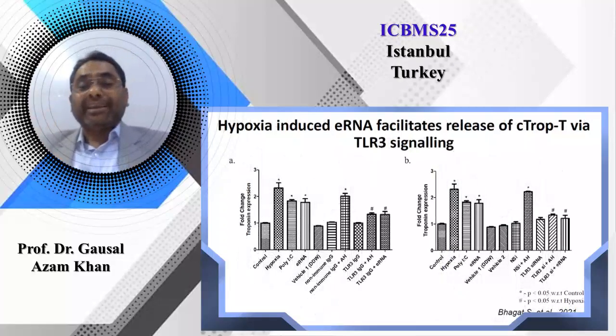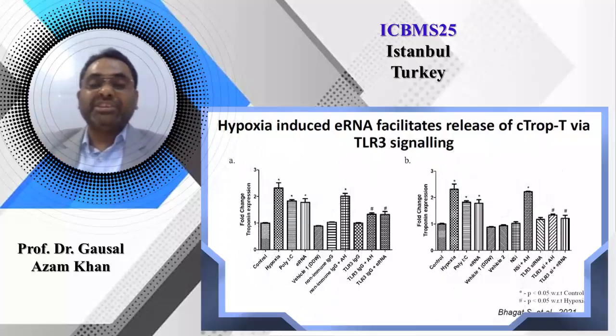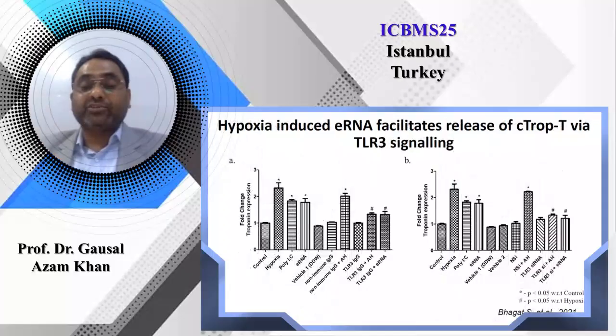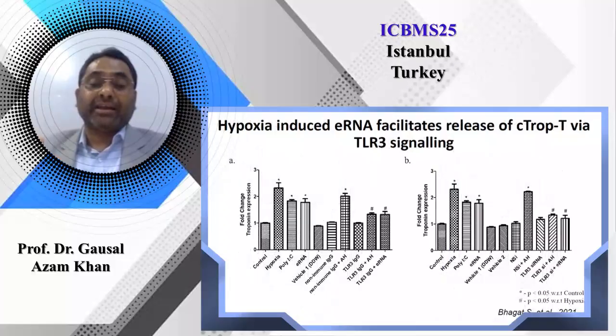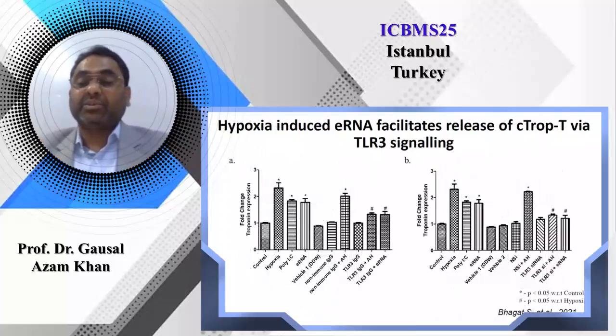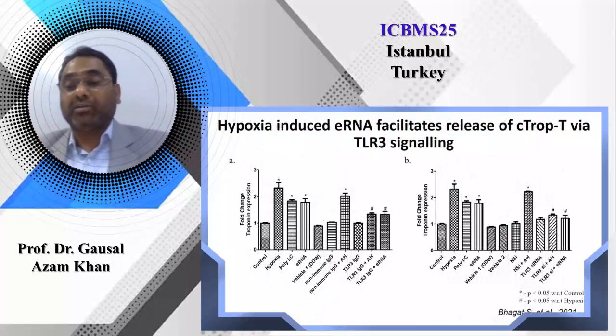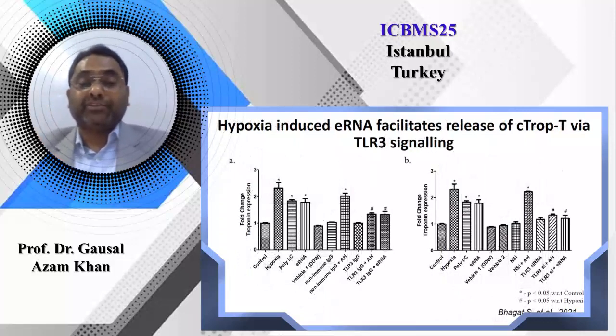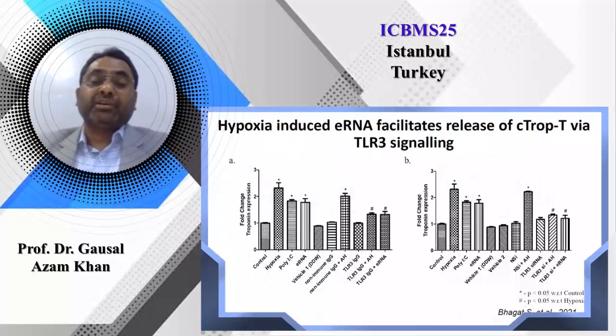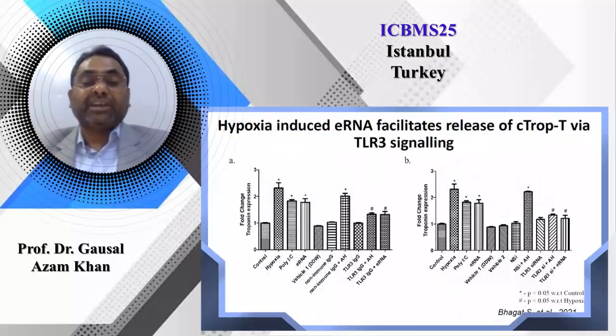Next, we wanted to determine whether this eRNA signals through toll-like receptor 2 or 3. We used two different strategies: one is a TLR3 antibody, and the other is a TLR3 knockout model. In the first panel, when the animals were treated with the TLR3 antibody and exposed to hypoxia, troponin T was completely blocked.